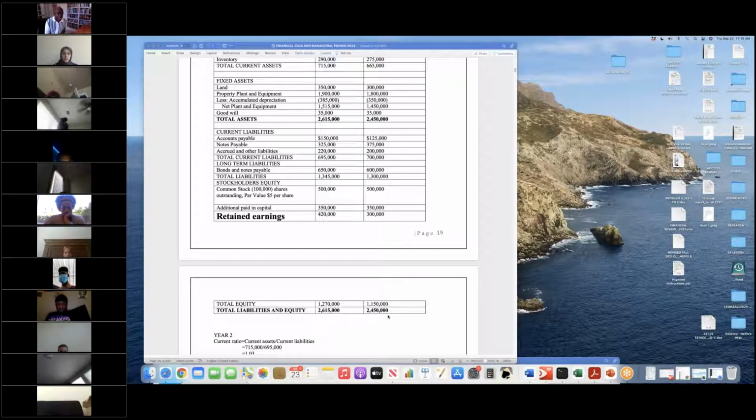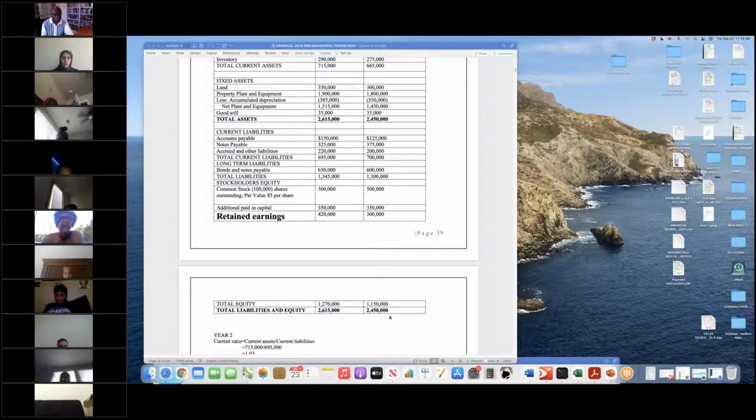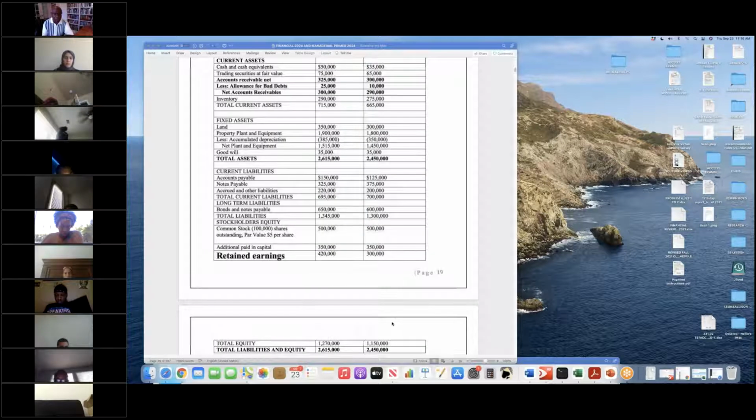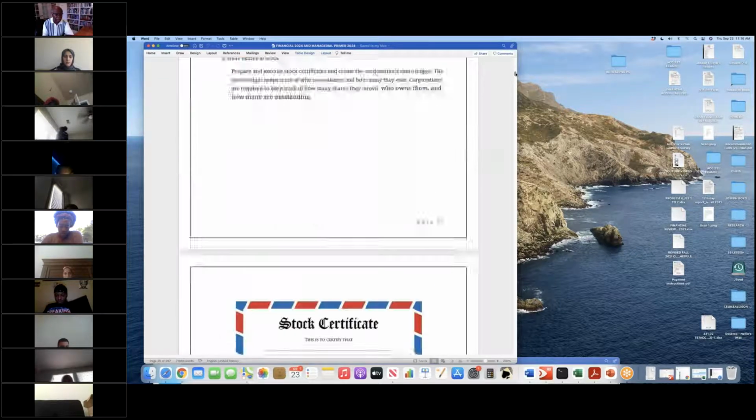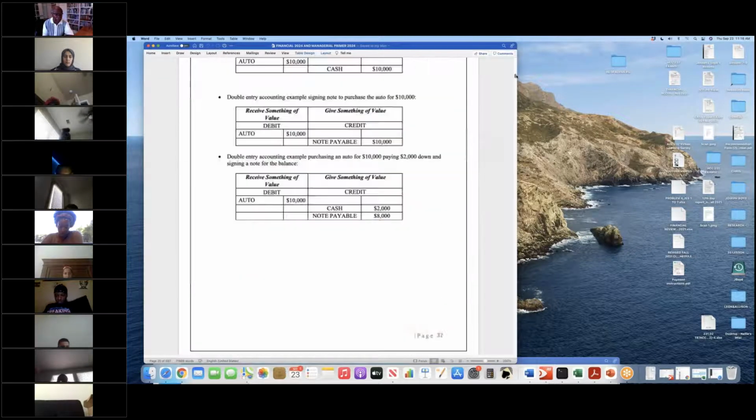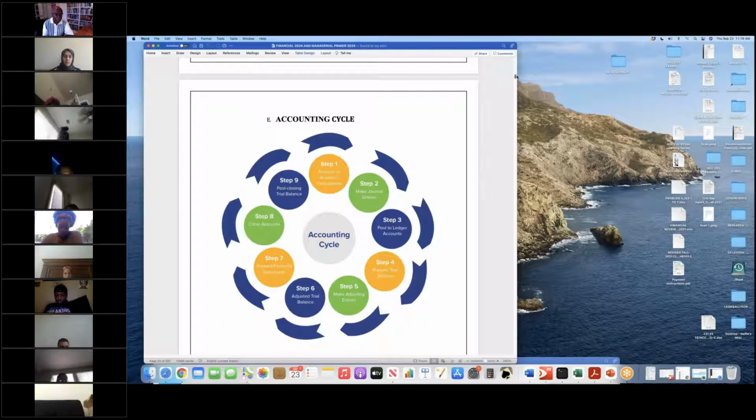And of course, like your trial balance, your balance sheet should balance. So these are the 3 statements that we'll be preparing on our midterm exam. And we've been going through a process of getting there. We did steps 1 and 2, where we analyzed transactions and made journal entries.